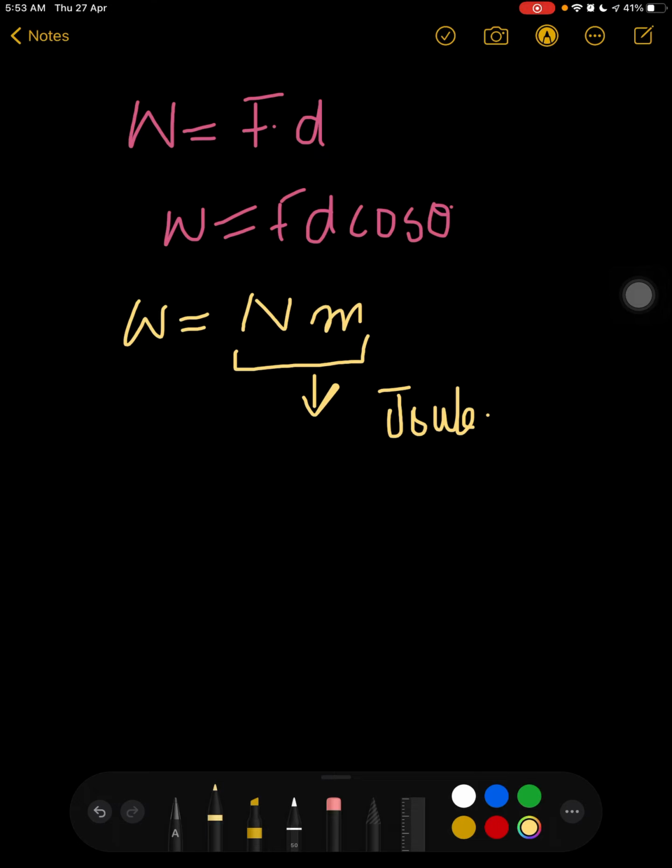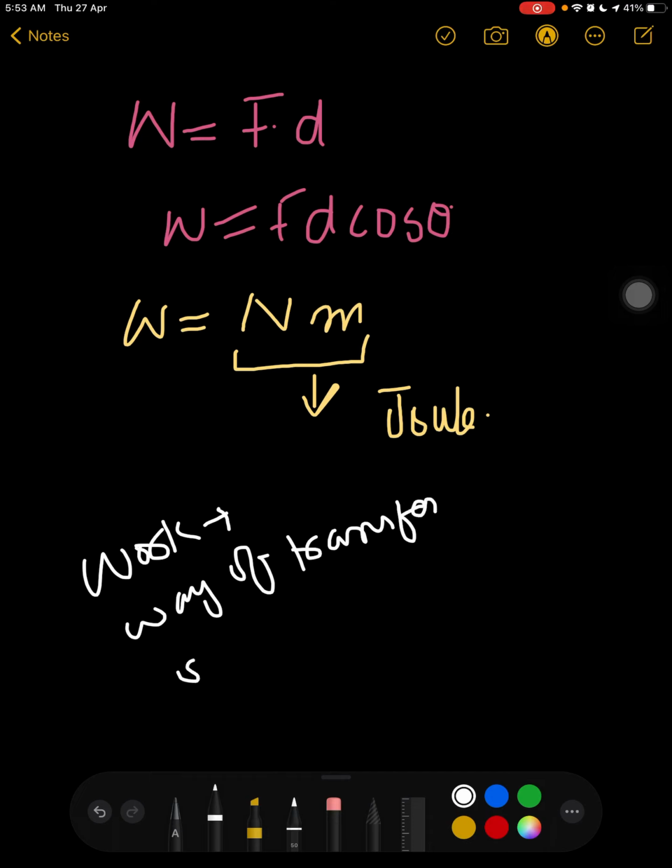Actually, work is a way of transfer of energy. Work is basically a way of transfer of energy, but it is a mechanical method.